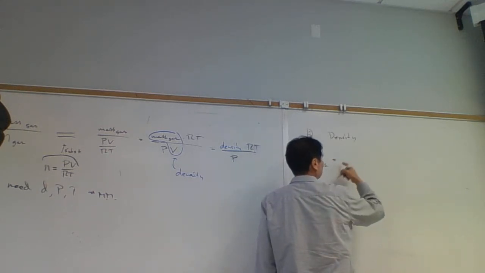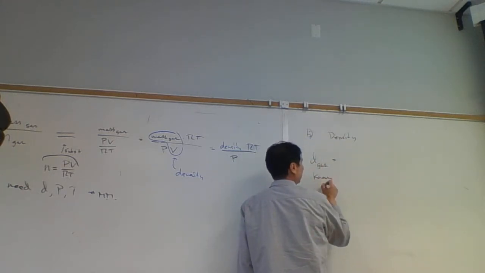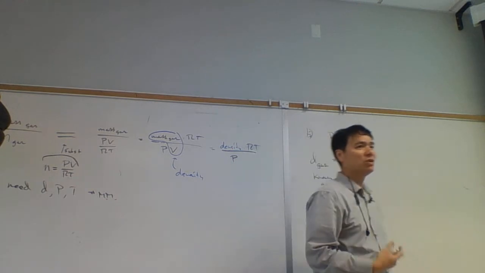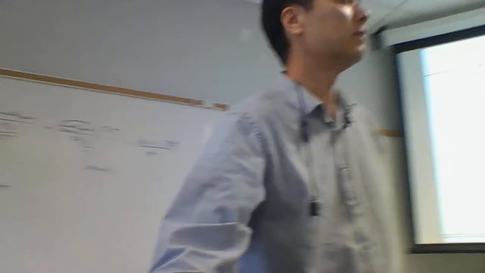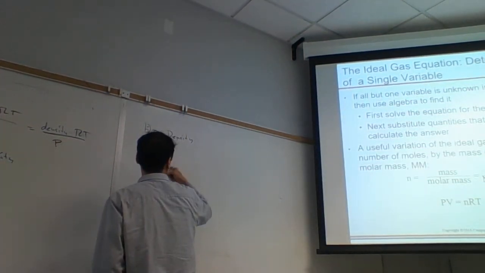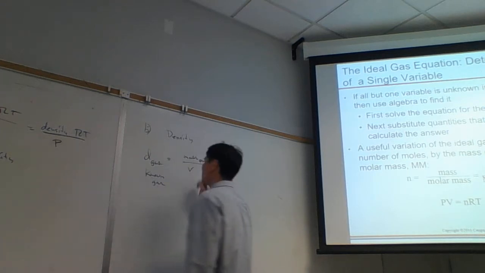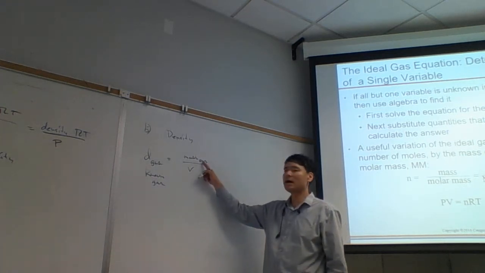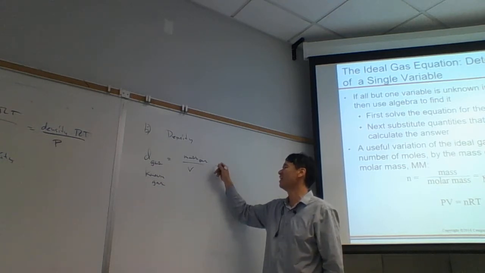It has to be a known gas. We need to know what the gas is in order to use this equation that I'm going to give you. And so the density of a gas, and this is a known gas, is equal to the mass of the gas divided by its volume. And so we have to measure two things: the mass and the volume. Okay, for an unknown, we'd stop there. But for a known gas, we do this.